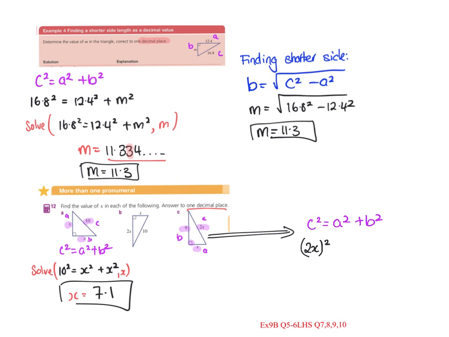You have to square the whole bit, not just the x part. A is x and B is 9 squared. On our graphics calculator, we'll be able to go solve and comma x. I'm going to do this one with you on the calculator. All right, so we got x equals 5.19. Because we had to do one decimal place, x equals 5.2. And there's our answer.